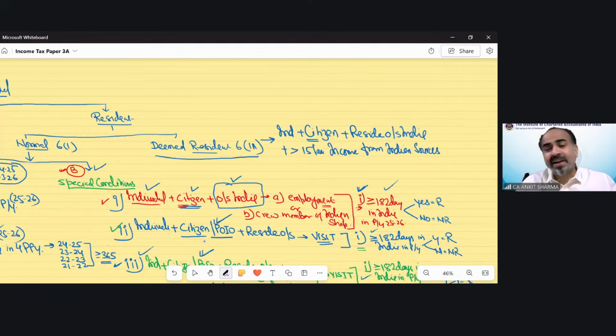You can see this kind of condition in point number 3 of category B also. So if you have more than 15 lakh rupees income from Indian sources and no tax in the country you reside. Suppose he resides in Dubai, there should not be any tax there. If suppose you reside in Kuwait, UAE, etc., there should not be any tax in the country you reside.